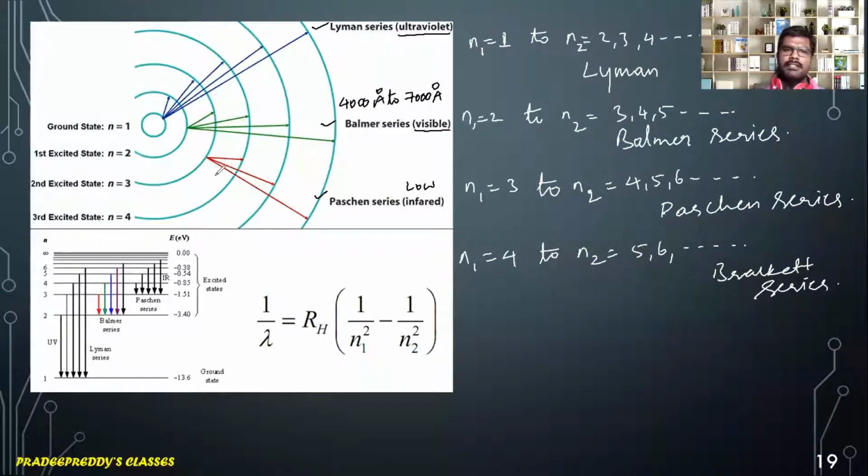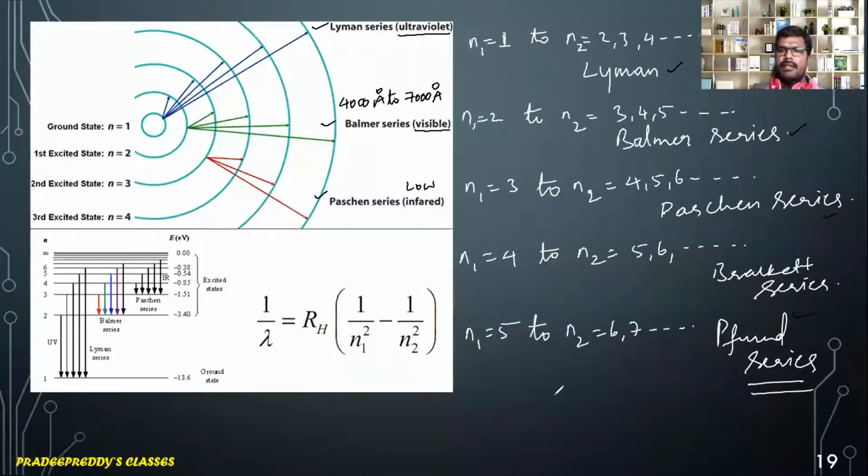That is how electron transitions take place. Based on that, you get these different types of spectral lines: Lyman, Balmer, Paschen, Brackett, and Pfund. Pfund series is n1 equal to 5 to n2 equal to 6, 7, and so on.